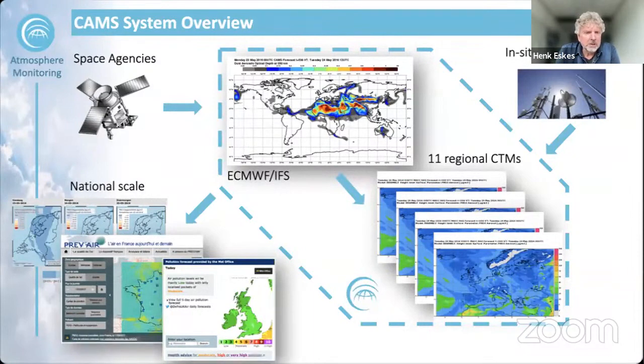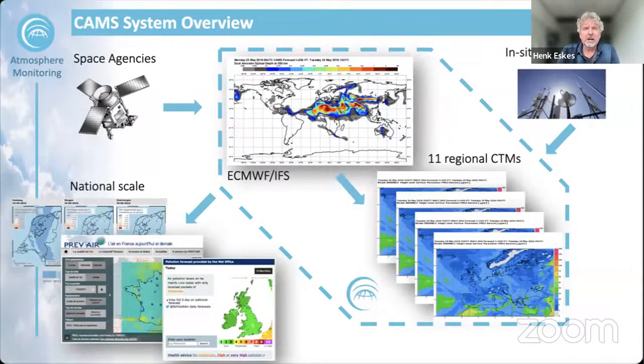The global component is implemented at ECMWF, and it's integrated in the IFS system of ECMWF. IFS is well known for the weather forecast, providing these high-quality weather forecasts for the world.